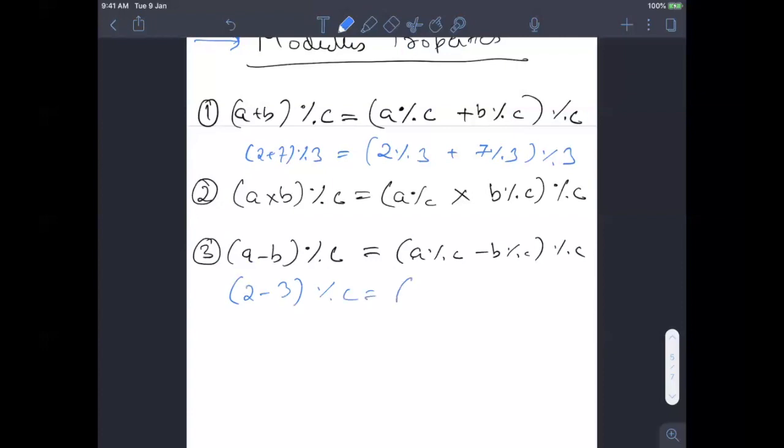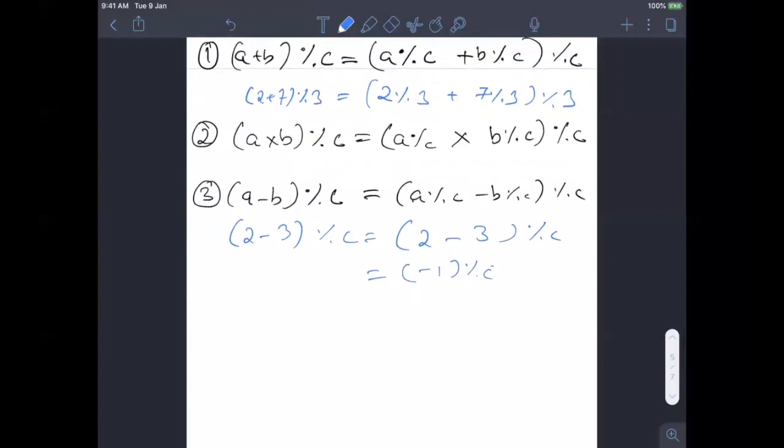It will be (2 minus 3) mod c, which is minus 1 mod c. People sometimes don't know what a negative number mod c is. It is nothing but c plus this number.